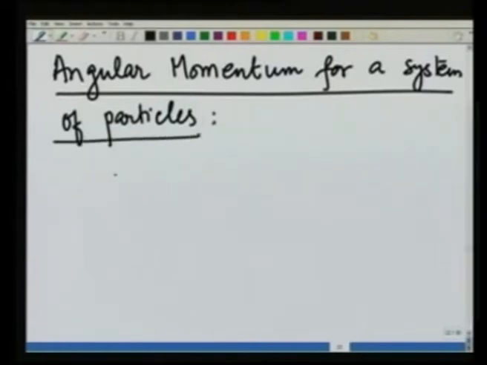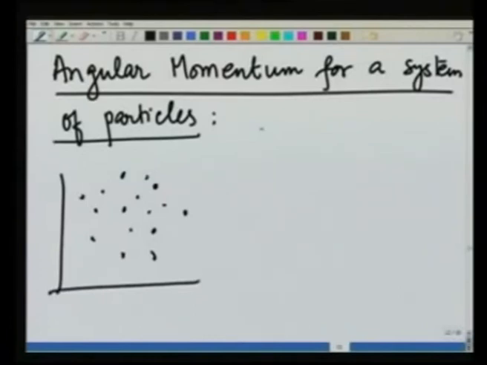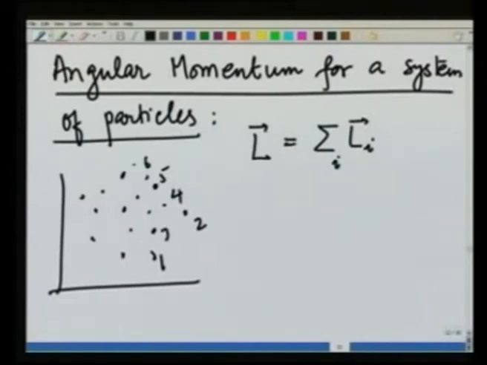So what we are going to consider is there are many different particles given, and by definition angular momentum is going to be the sum of angular momentum for each one of these particles, where i runs from 1 through n, there may be n particles.